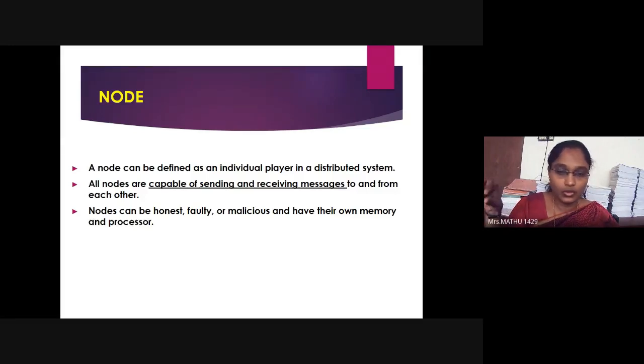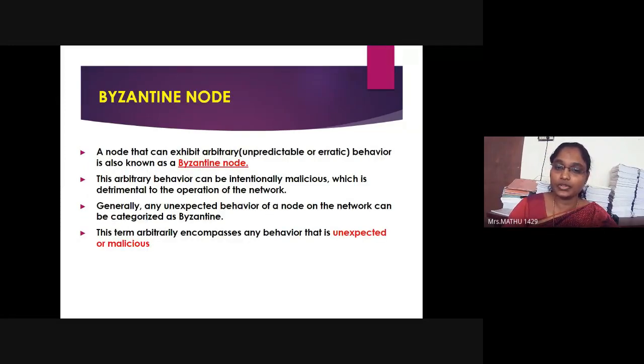So this node can be a malicious one, trying to disrupt the process or the network. That is what is called a Byzantine node. A Byzantine node is one expressing some unexpected behavior. A node that can exhibit arbitrary, that is unpredictable or erratic, behavior is known as a Byzantine node, and such unexpected behavior we call Byzantine.